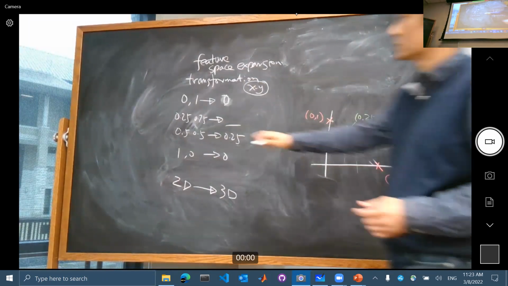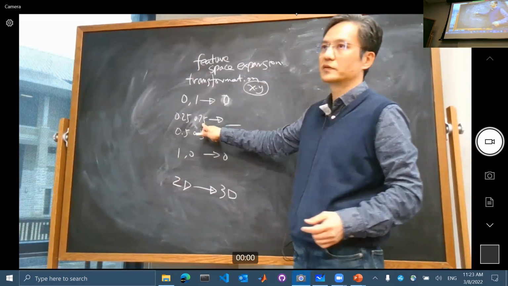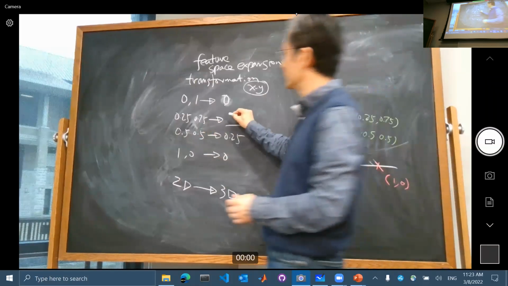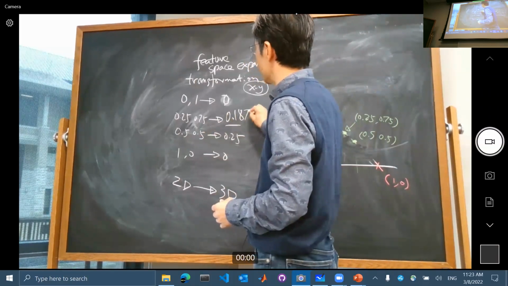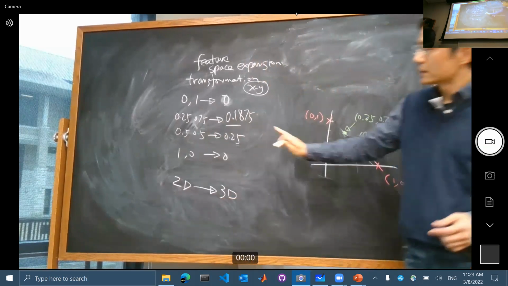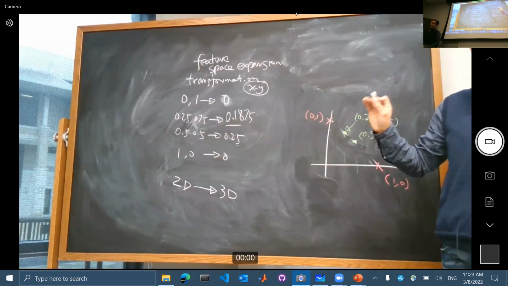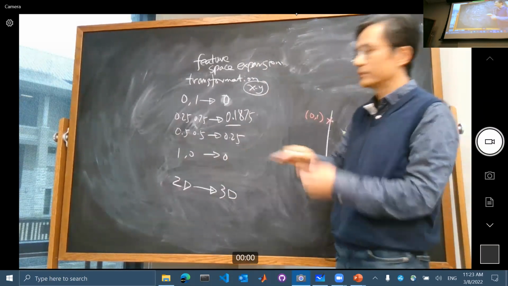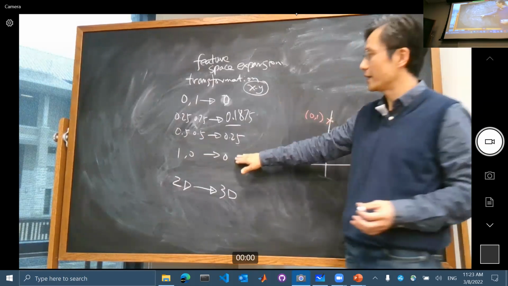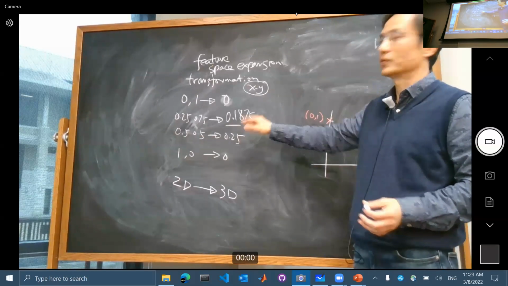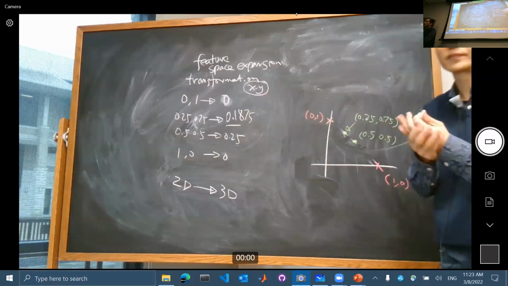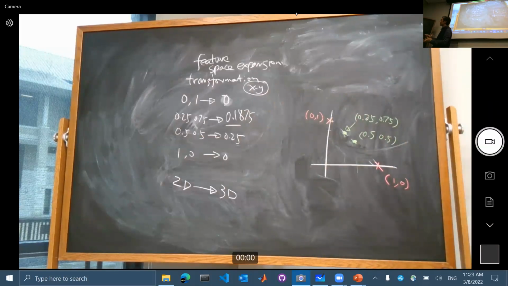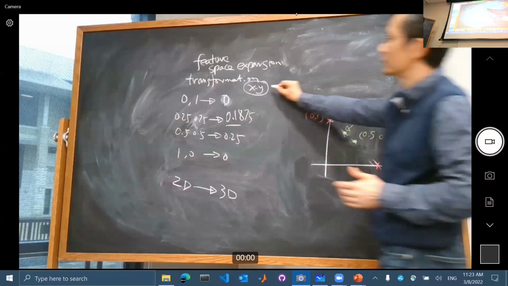So how much for this? 0.25 times 0.75? 0.1875, whatever. Okay, so now these 4 data points become separable, because any plane between 0 and 0.18 will separate them. So this is the idea of a feature mapping function.